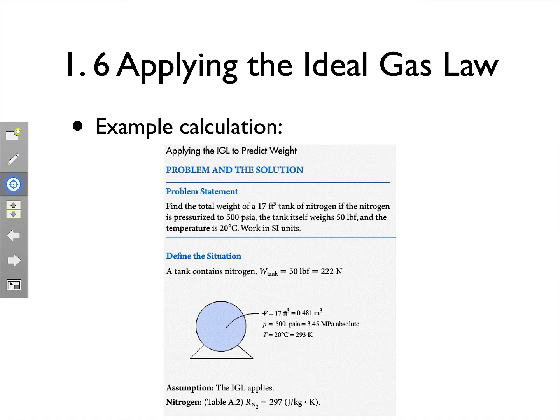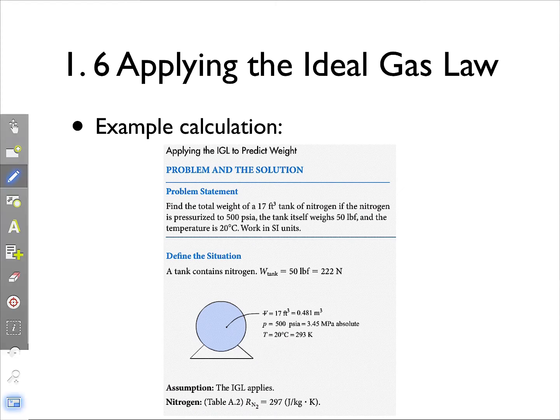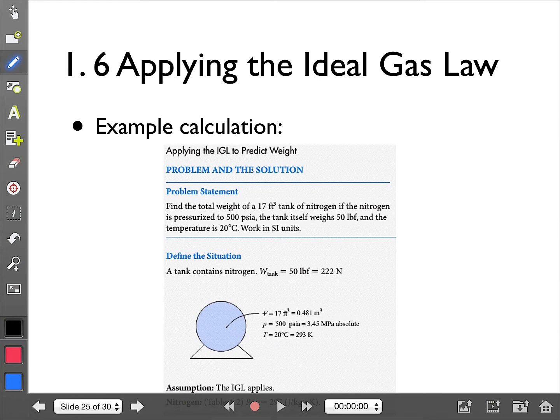So let's go forward. Another thing that we need is the gas constant for nitrogen. Since the gas inside the tank is all nitrogen, we can look in table A2, and we see that nitrogen has an R value of 297. And this is a tricky unit here. This is one thing that I consistently see in this book that I disagree with.